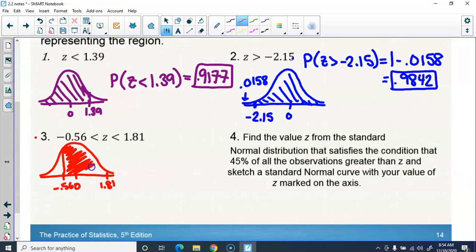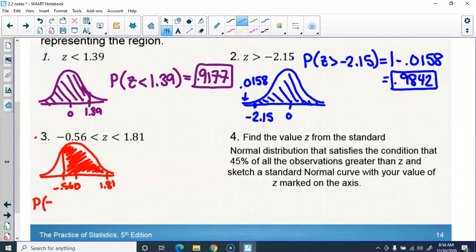I want the area between those two. Keeping in mind that the table only gives us areas to the left, I would want to find the area to the left of the bigger number first. That's going to give me all of the area to the left, and then find the area to the left of the smaller number and subtract them, and that will give me the area between.